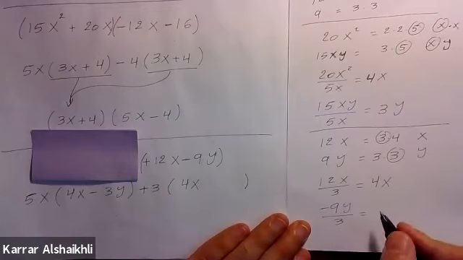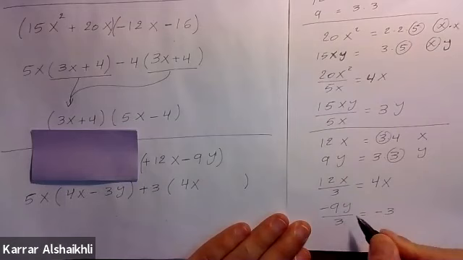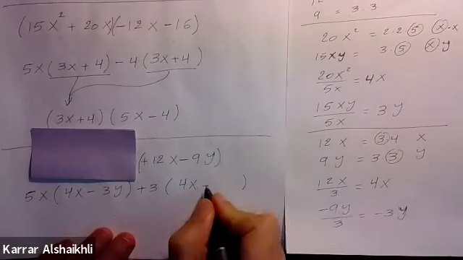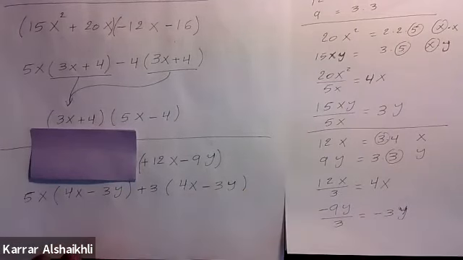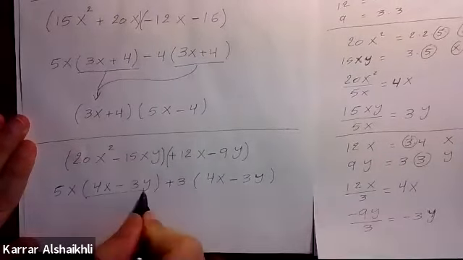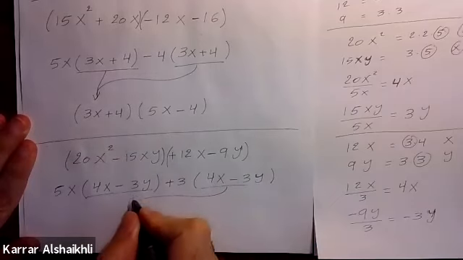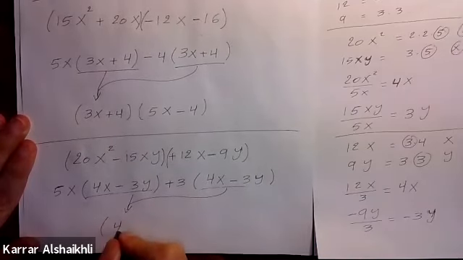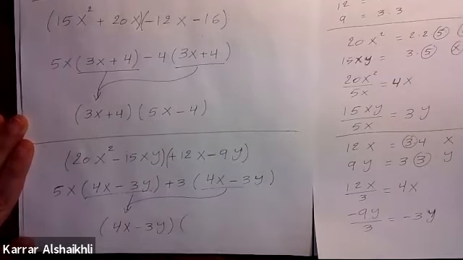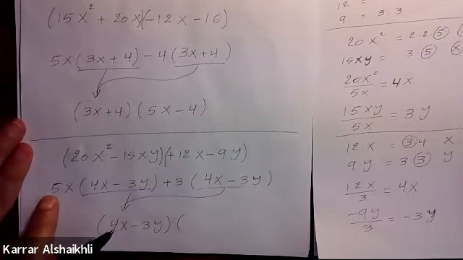Negative 9 divided by 3 is negative 3, and here is the y. So it's going to be minus 3y. Now, if you check the parentheses to make sure I'm doing the right one, I have exactly the same parentheses. So I'm going to write down the parentheses here, just one, and write down the leftover, which is 5x plus 3.